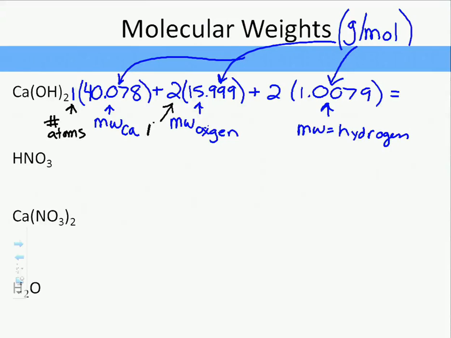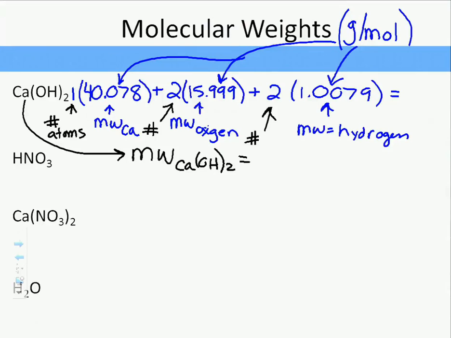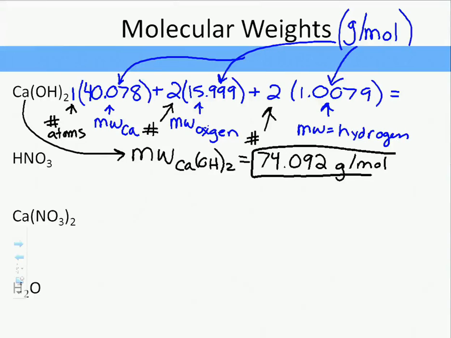Number 2 is the number of atoms, and this number 2 is the number of atoms. So if we type all of this into our calculator, what we should end up for the molecular weight of calcium hydroxide, we end up with 74.092 grams per mole. Type that in your calculator and make sure you got it.